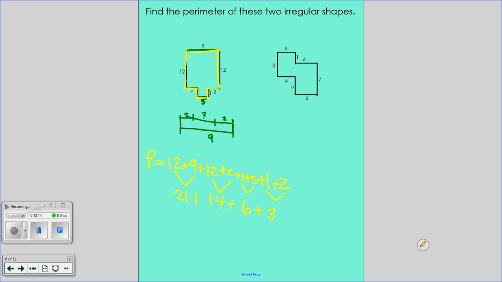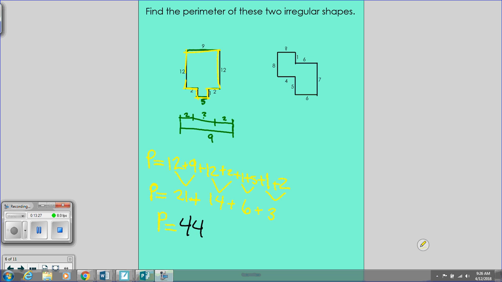Alright. Add up the rest of our number combinations to find out the perimeter. I want you to solve the next shape by yourself in your notebook. Pay close attention to your dimensions.